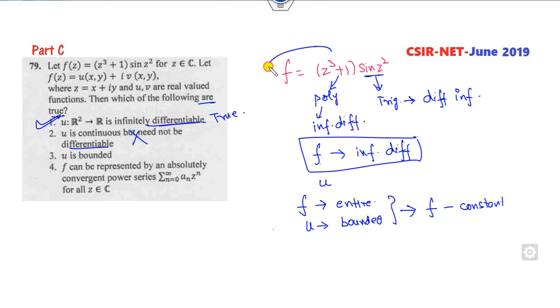But you can see this is a non-constant function, so this will not be true. F can be represented as an absolutely convergent power series, that's true, because F is infinitely differentiable, so you can apply the Taylor series or the Laurent series, so it can be represented in terms of a power series. That is the correct answer.